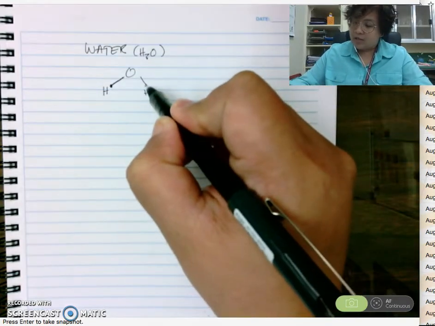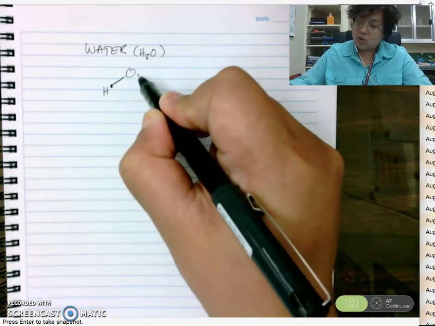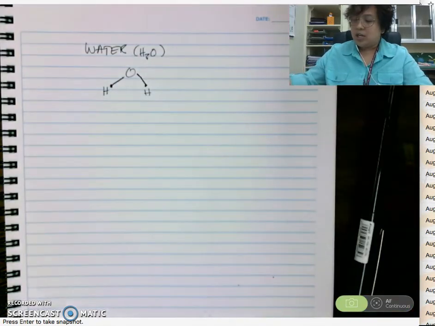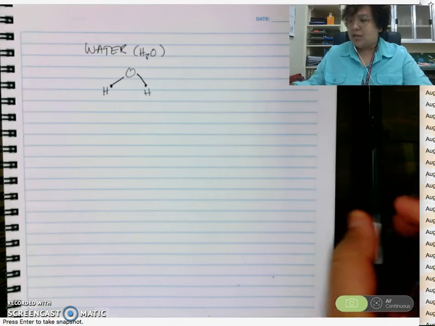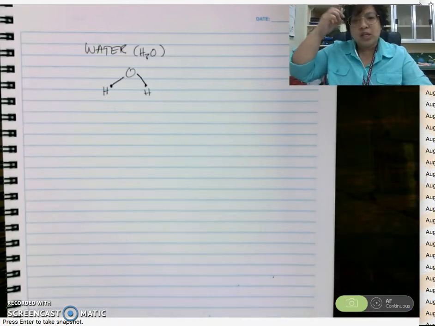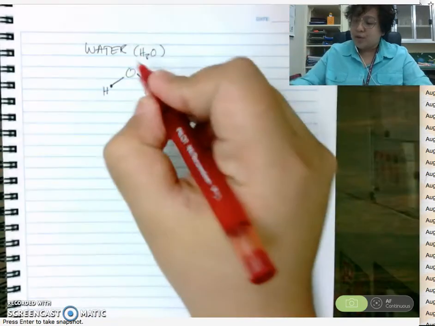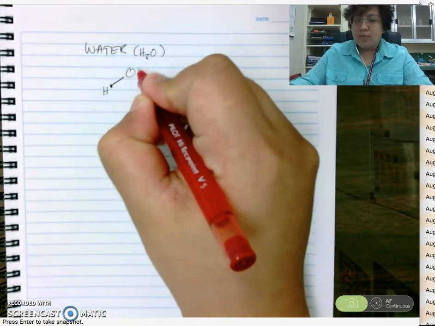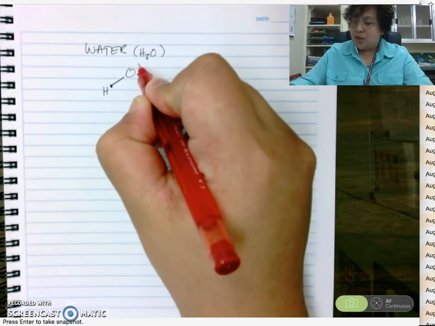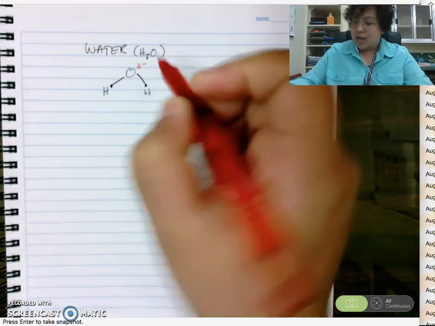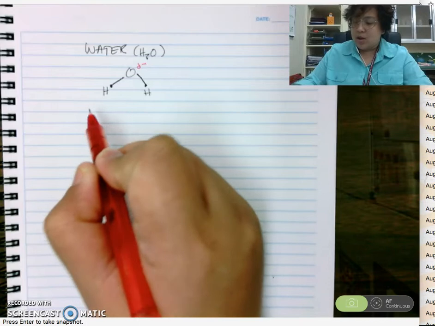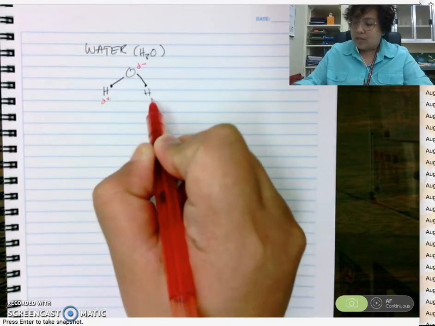The electron of this hydrogen is pulled closer towards oxygen, and that leads to polarity. In chemistry, when you say something is polar, it means that there is a charge difference. So this side of the water molecule is said to be partially negative, and these sides are said to be partially positive.